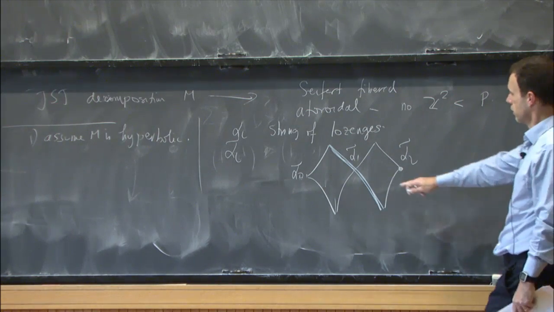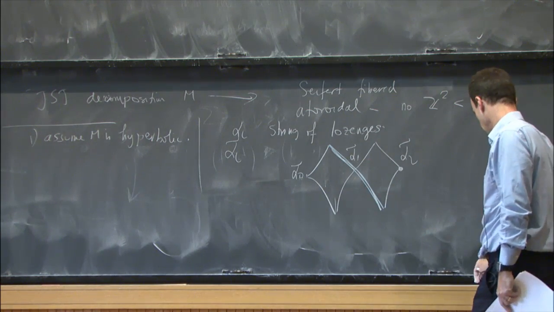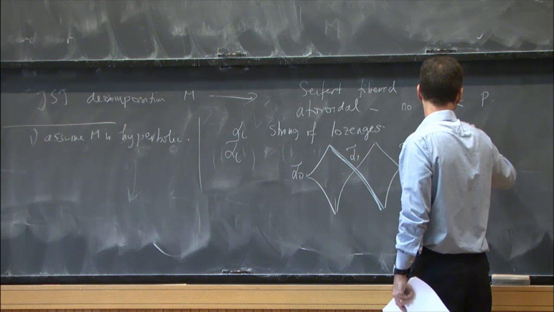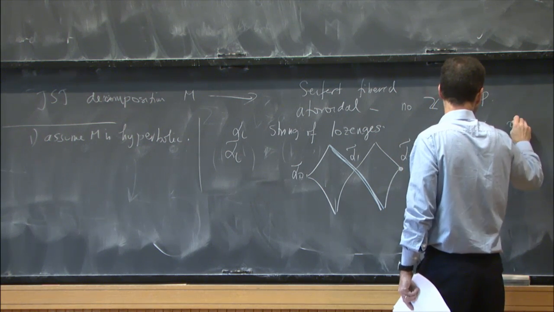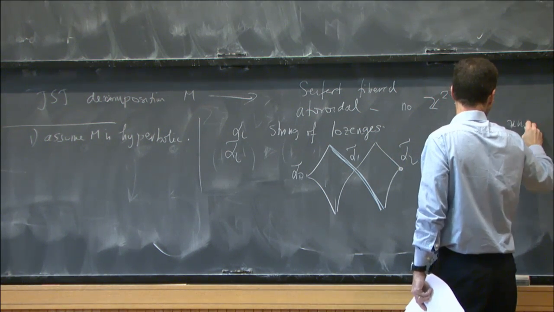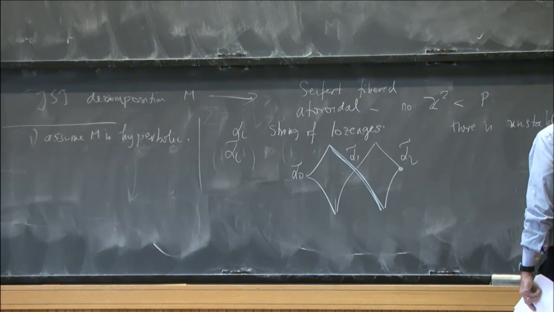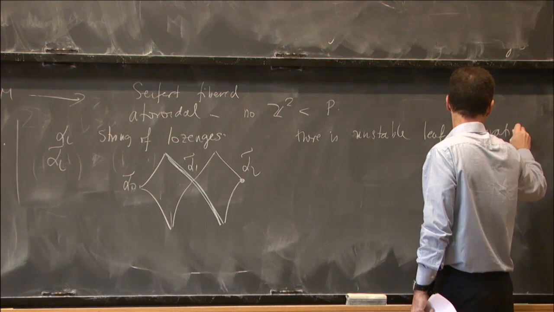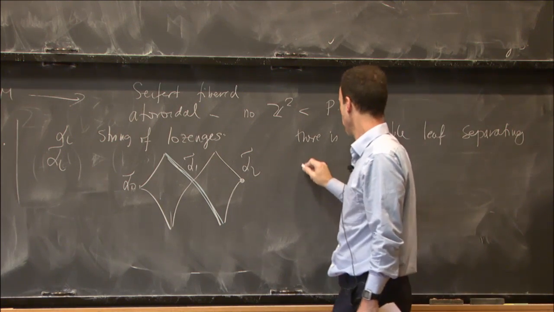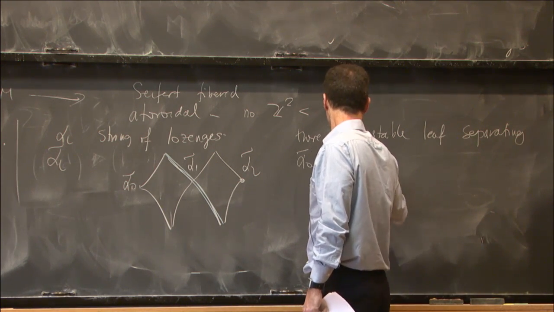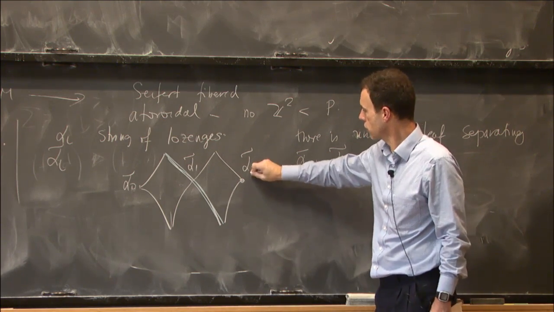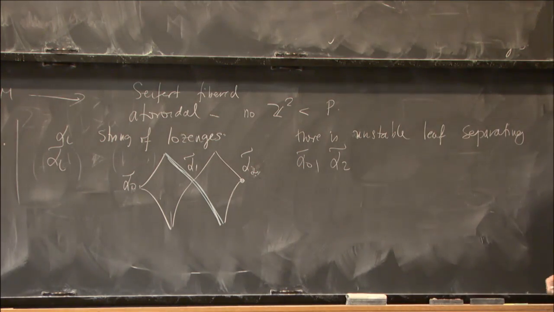That's why I need this sort of not adjacent. Okay? So there is an unstable leaf separating alpha 0 and alpha 2. This is alpha 2. These foliations, the other foliations have a product picture.